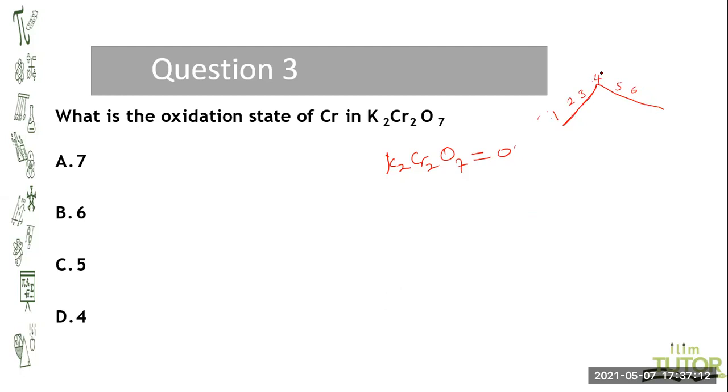Let's leave this one out. If an element belongs to group 1, then its oxidation state is +1. If it's in group 2, +2. In group 3, +3. In group 5, -3. In group 6, -2. In group 7, -1.